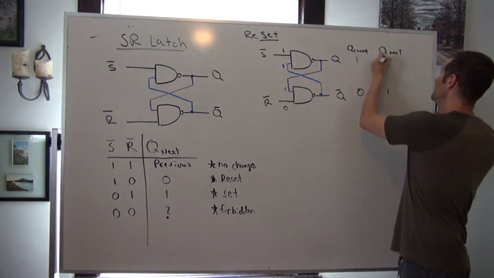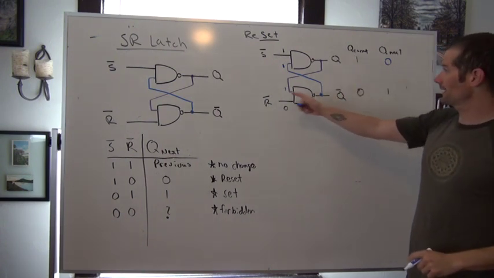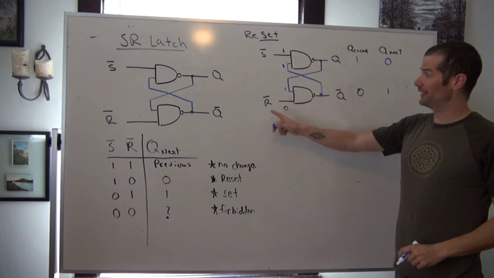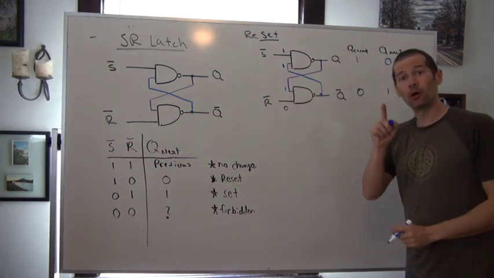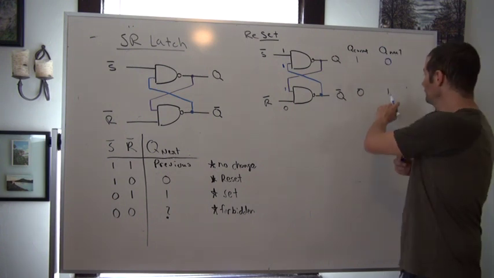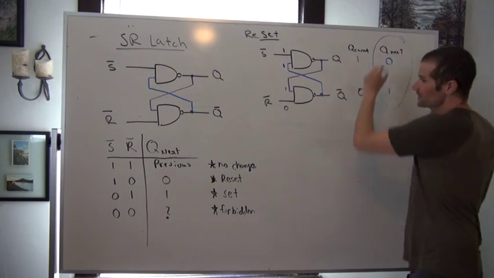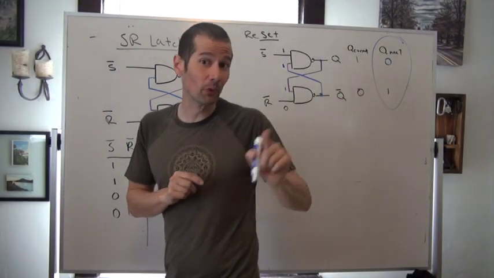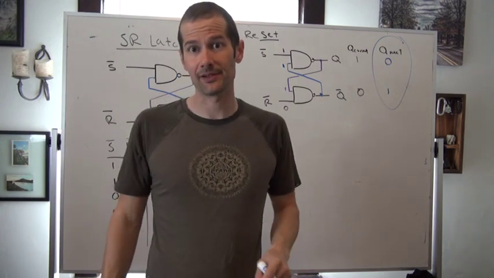And sure enough, Q next goes to 0, and that 0 would be fed back down and NANDed with R bar, which is 0 as well, and that holds consistently Q bar to be equal to 1. And so these two values here hold until we put it into another set or reset phase.